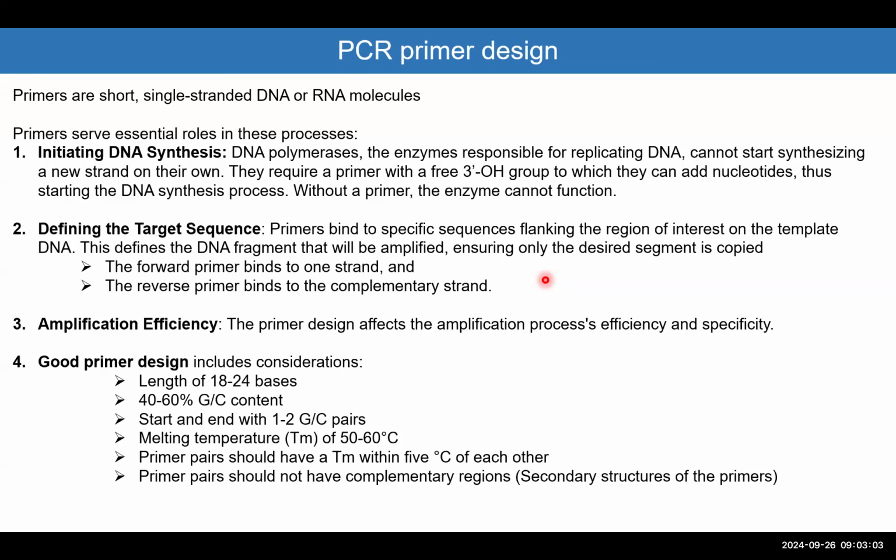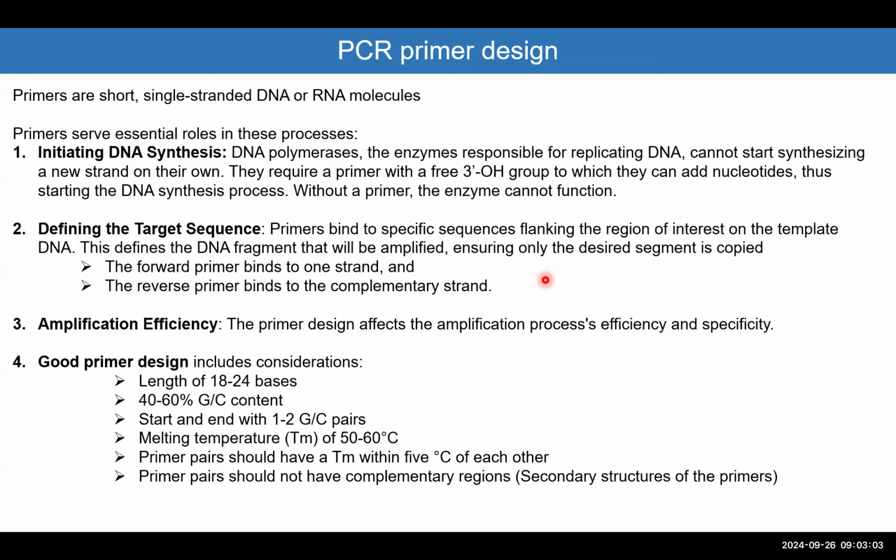And we have to avoid those secondary structures. So we have to think about a primer of about 18 to 24 bases, GC content 40 to 60%. Try all the time to have the first couple as G or C because they have 3 hydrogen bonds in the primer, because that will make the binding between the DNA and the primer much better.